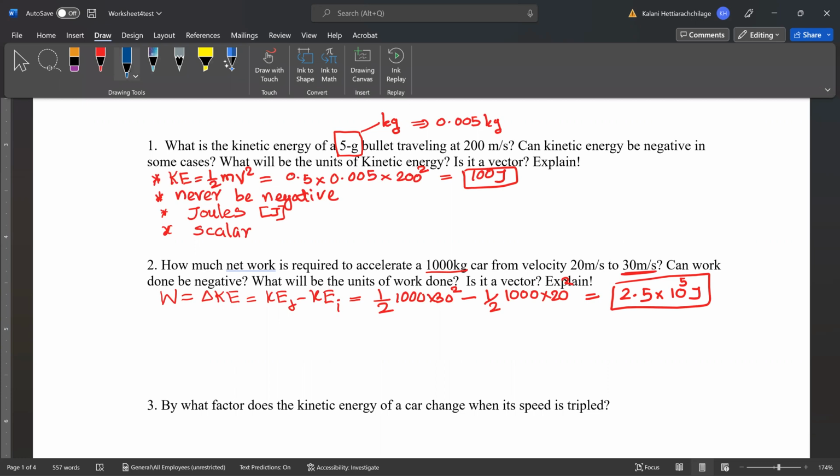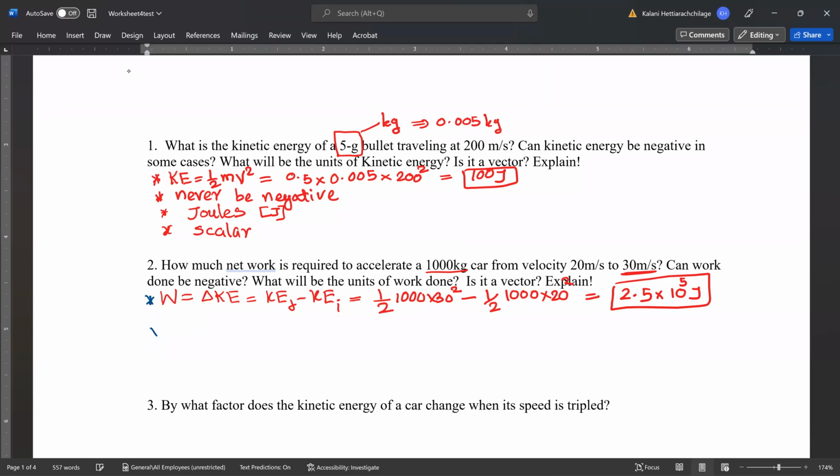Okay, so now my next question: can work done be negative? I mentioned that in your lecture also. Work done can be negative. When? If you have a force and the displacement in the opposite direction, then your work can be negative, because it is the multiplication of force and distance.